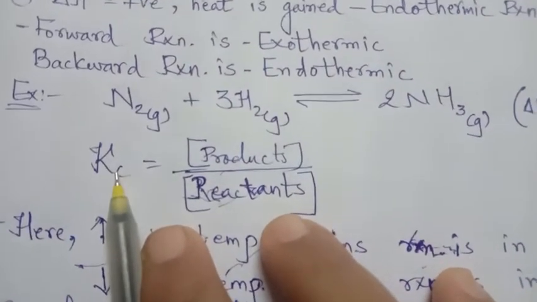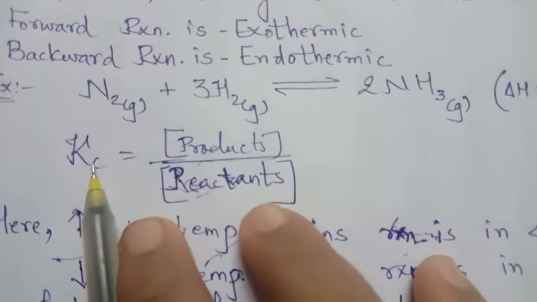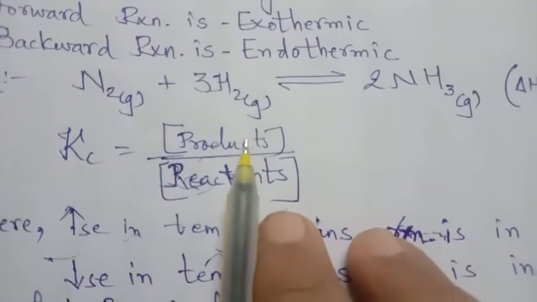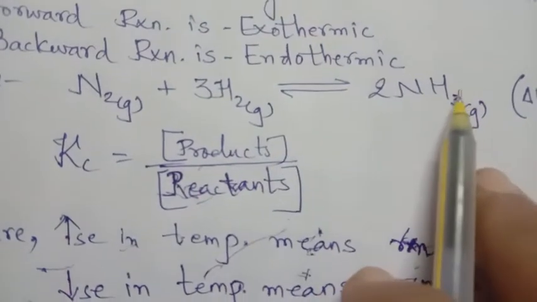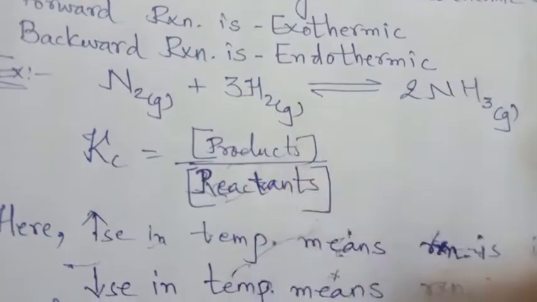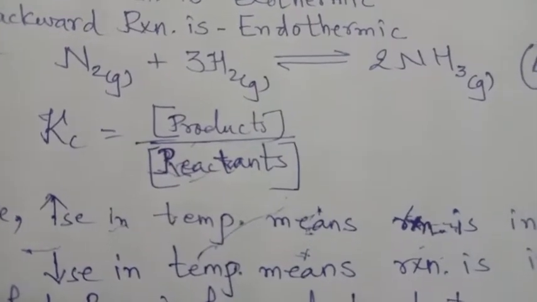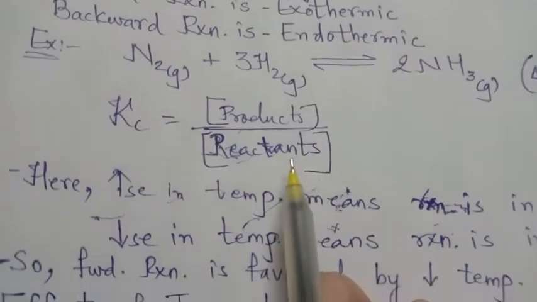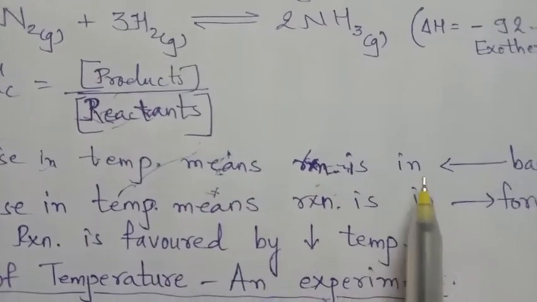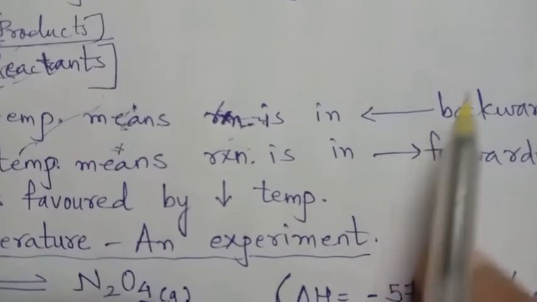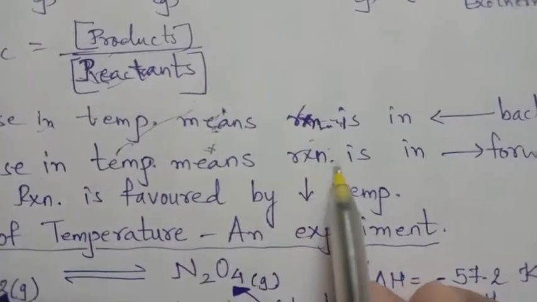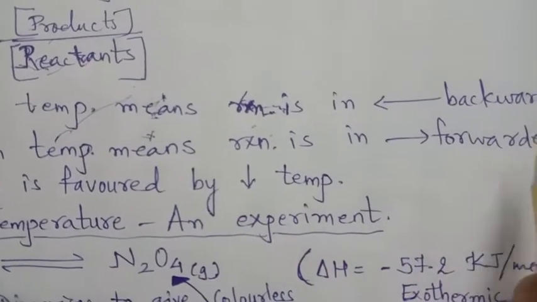If we calculate the equilibrium constant Kc, then it is product NH3 upon reactant N2 into H2 whole raised to 3. So here what happens? With increase in temperature, the reaction goes in the backward direction, and with decrease in temperature, the reaction goes in the forward direction.